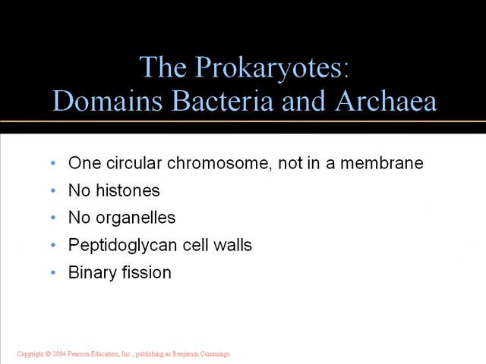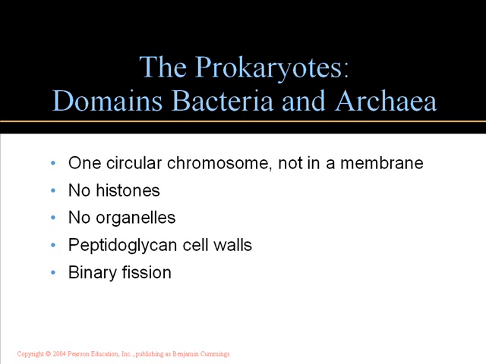When we talk about prokaryotes, you do need to be familiar with the typical characteristics of a prokaryote. You should know this. And again, you've already looked at this from the previous chapter, so most of this should be review for you. Prokaryotes basically have one singular or one circular chromosome. It's not in a membrane.